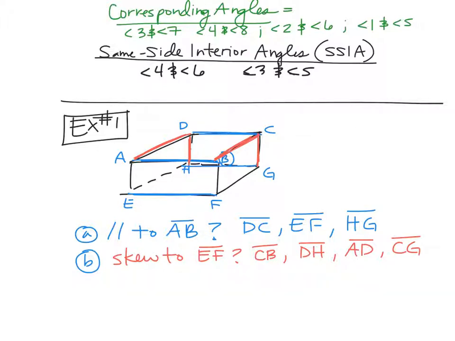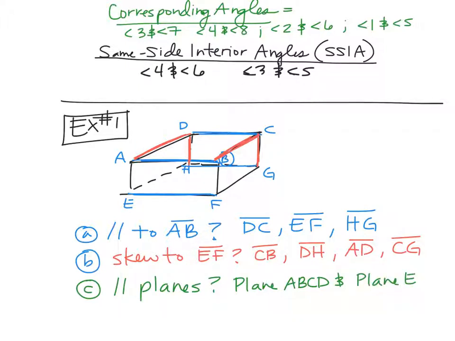Okay. How about, can you give me a pair of parallel planes? How would I answer that? So you have to name it with at least 3 letters. You could do 4. ABCD and EFGH.